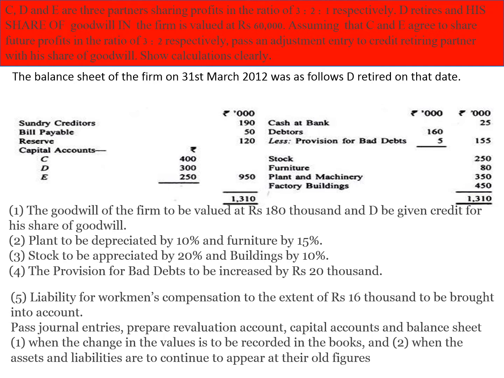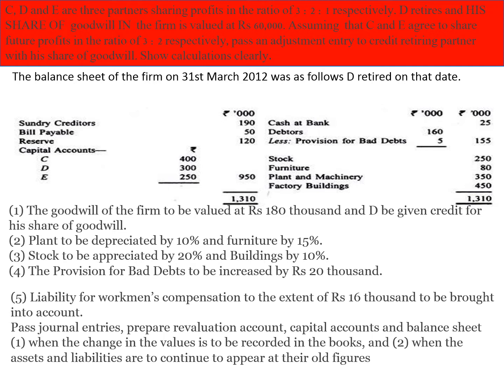Assuming that C and E agree to share future profits in the ratio of 3:2. New ratio is given to you, 3:2 respectively. Pass an adjustment entry to credit retiring partner with the share of goodwill. Show calculations clearly.